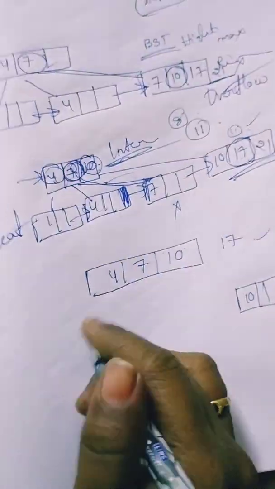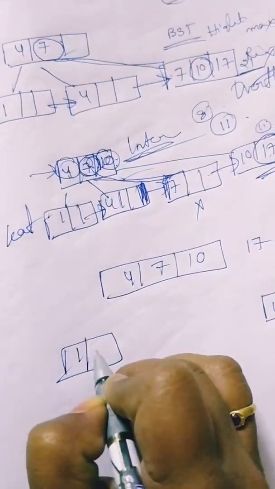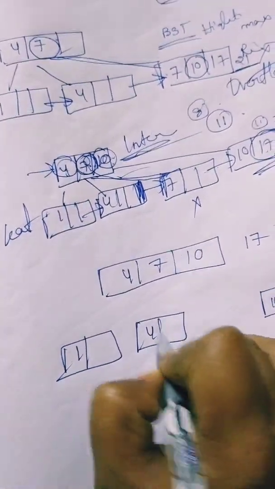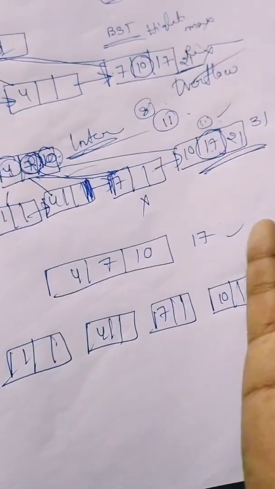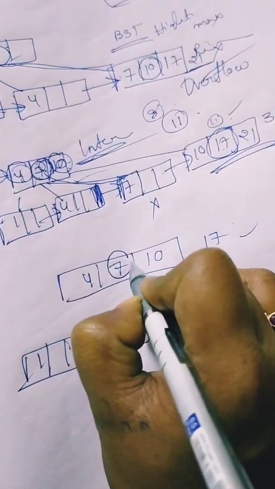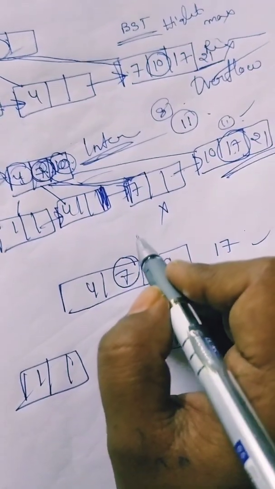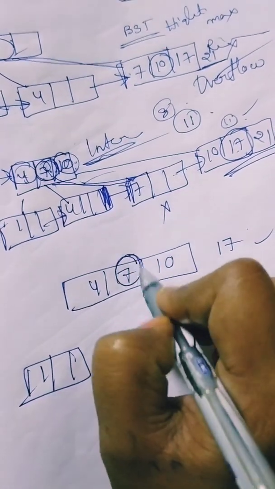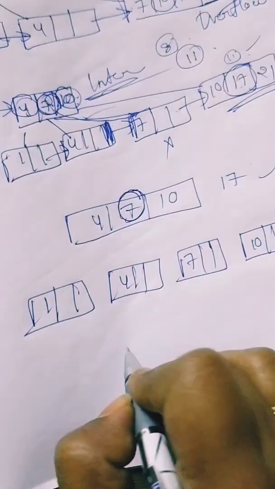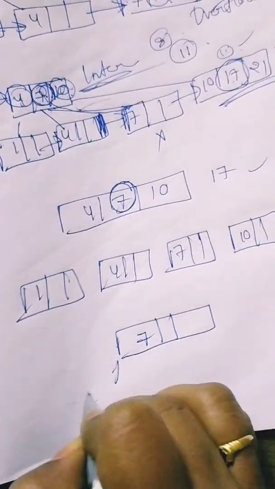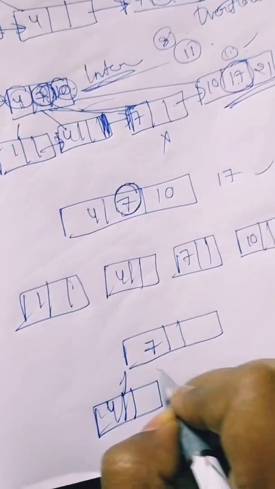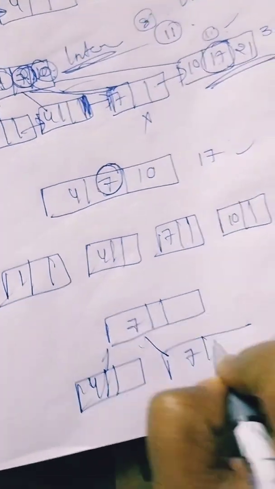But here in the internal node also overflow occurs. Again we have to follow the same path, that means we take the left bias to the top. That means 7 goes up, and then 4, and then 7 10 17.